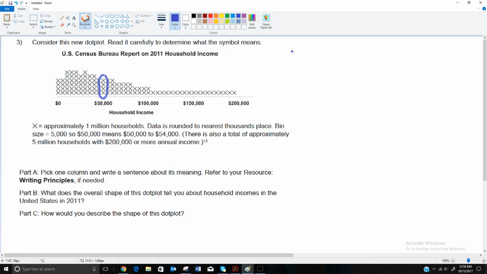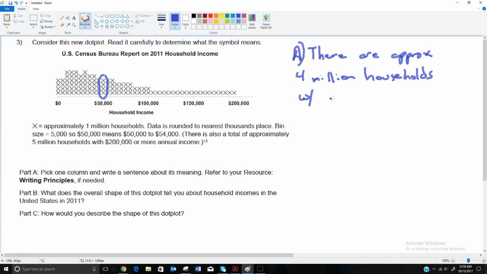So if we write this out, that would mean that there are approximately 4 million households with income from, and again, it's anything that would round to 50,000 up to, but not including anything that would be 55,000.